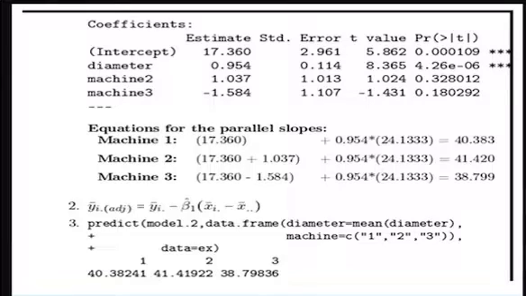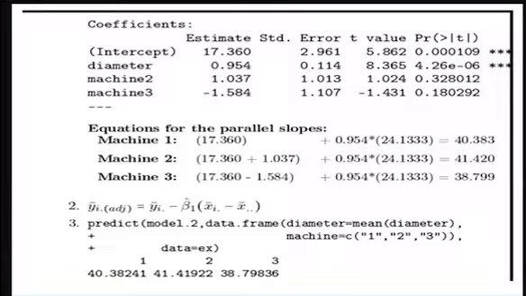Overall mean, and what do I get for machine 1 now? 40.383. If I want to do it for machine 2, it's going to be that same intercept plus the coefficient of machine 2. What is the coefficient of machine 2? As you can see in the output, 1.037. Why am I adding that? Because that's a positive. Then I'm also going to say plus the 0.954 and so on like that.